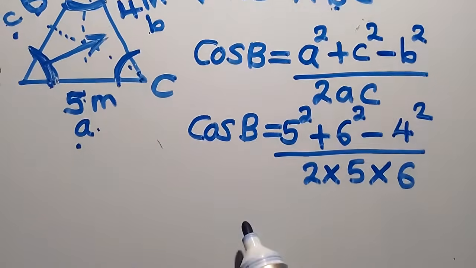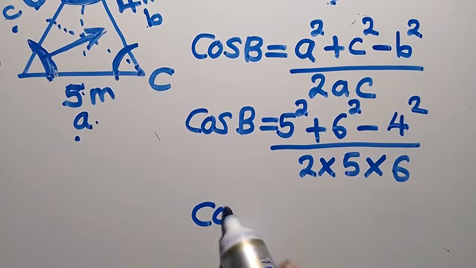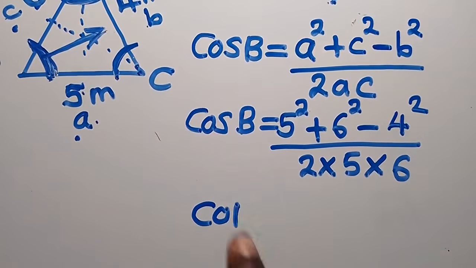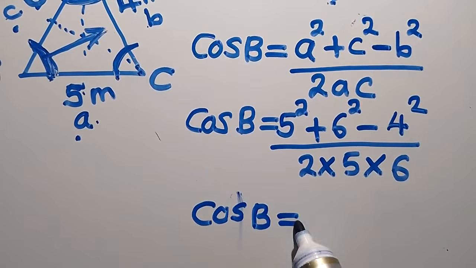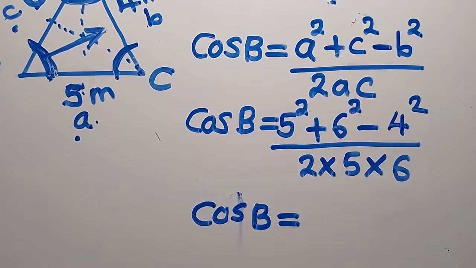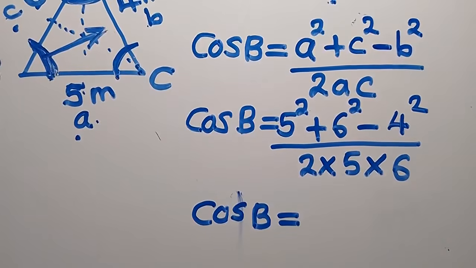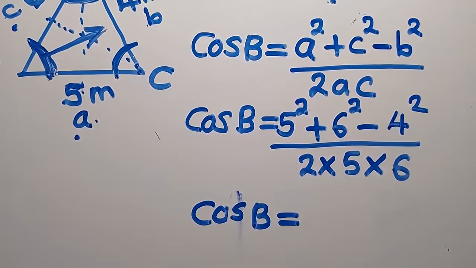Then you continue and say cos B is equal to. So you get your calculator. Then you work out everything that is on top there, where you are going to say 5 squared plus 6 squared minus 4 squared.